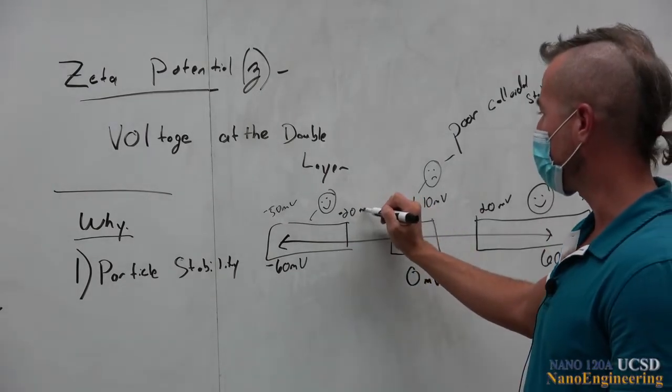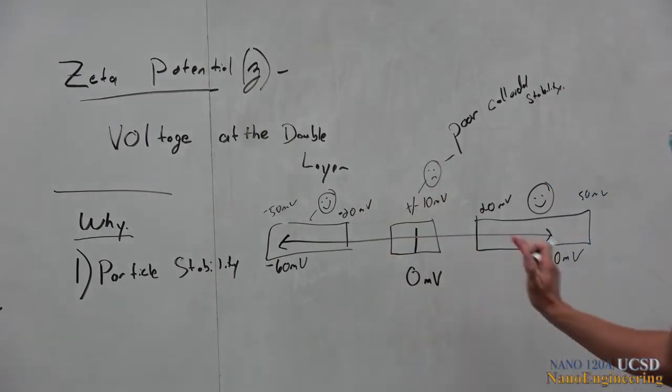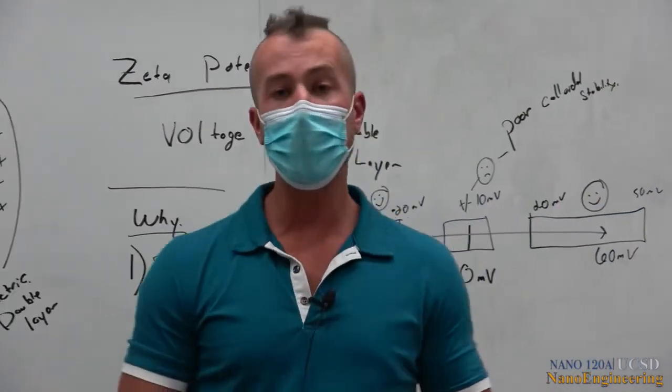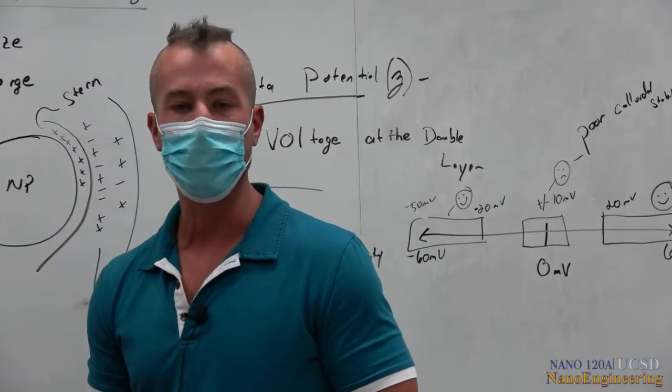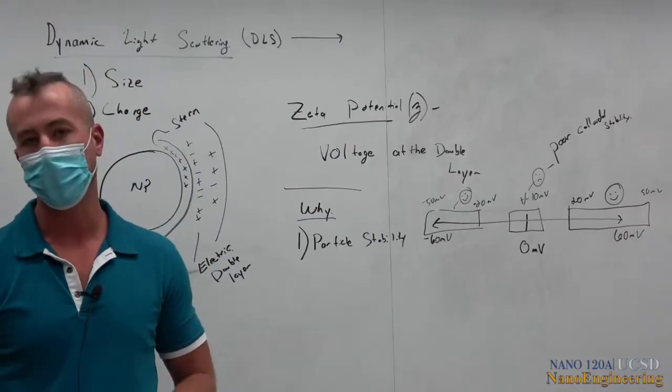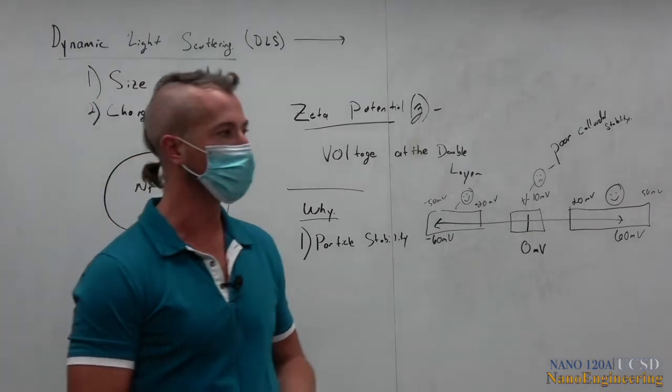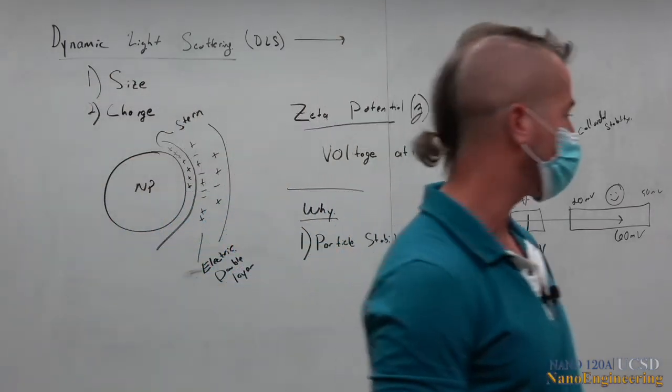That's negative 20, right? So these are good regions to be in, okay? So that's thing one, it's kind of a rough metric of how stable my particle is going to be on the shelf, right? Can I leave it for a couple weeks, couple days, couple years?